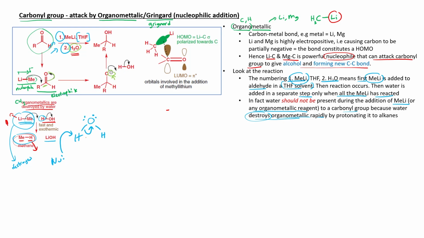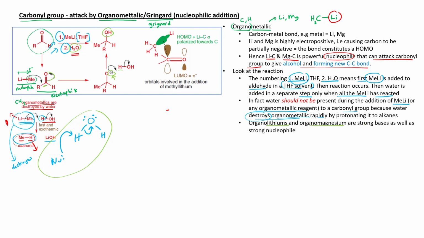As we mentioned before, the negatively charged oxygen will attack the hydrogen, the bond between hydrogen and OH will be broken, and then you get the OH. So that's basically the mechanism of attack of a carbonyl by the organometallic.